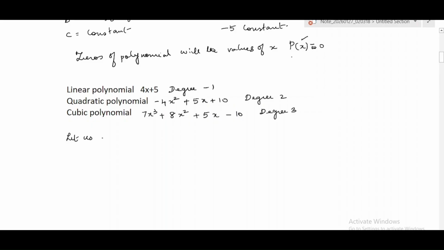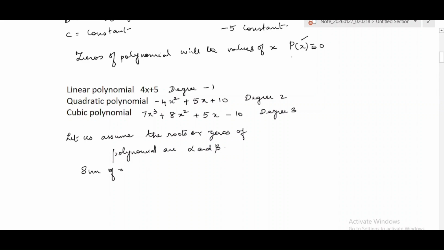Let us assume the roots or zeros of the polynomial are alpha and beta. They are the roots, that is the values of x.